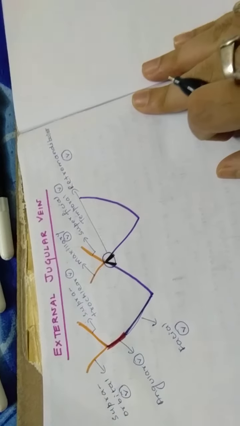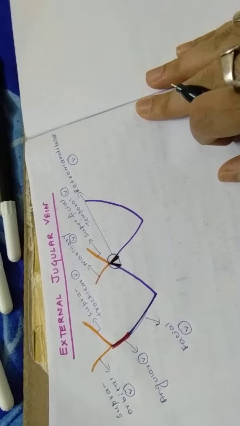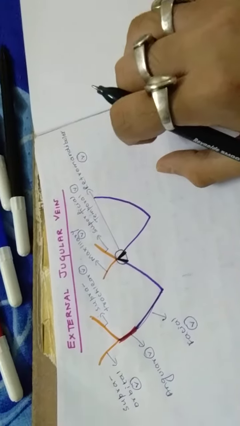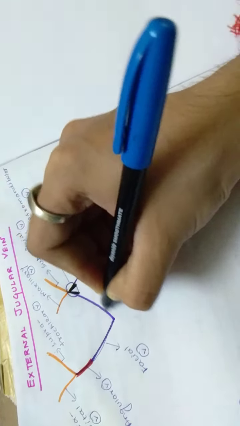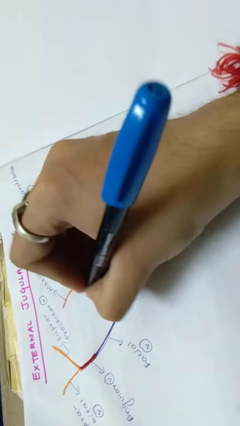Retromandibular vein. What is the meaning of retro? Like we hear in the TV retro songs. Retro means behind or past. So here retro means behind the mandible, retromandibular. So now you can see there are two branches. Okay, I'll use another color.